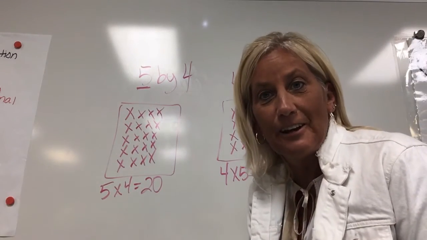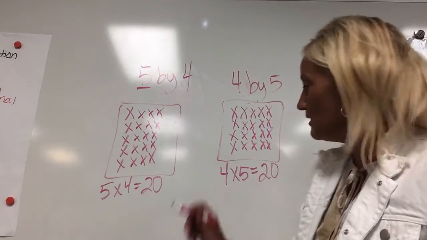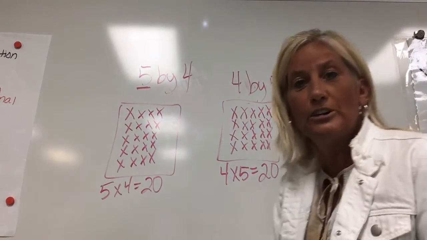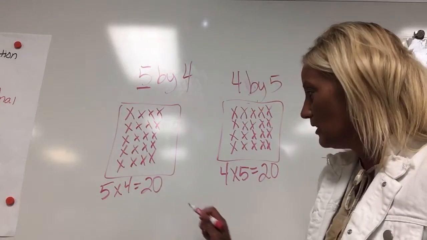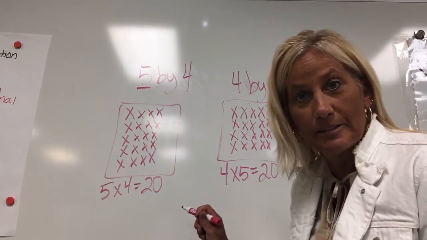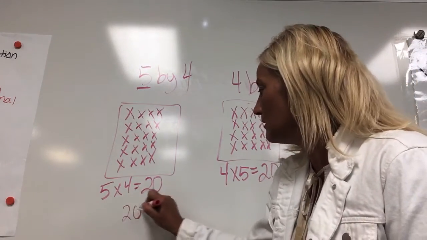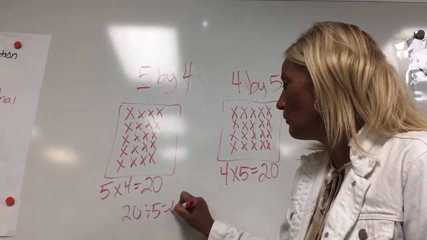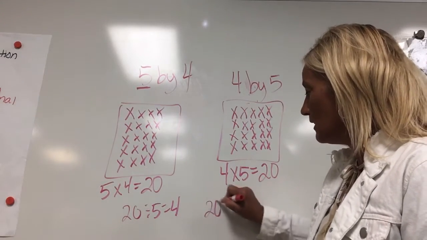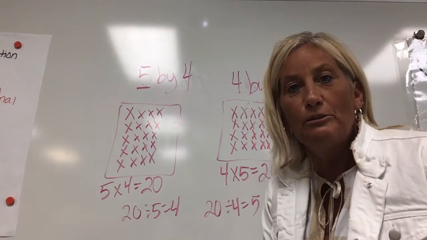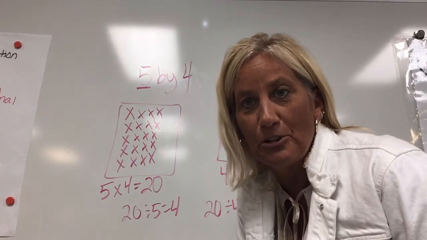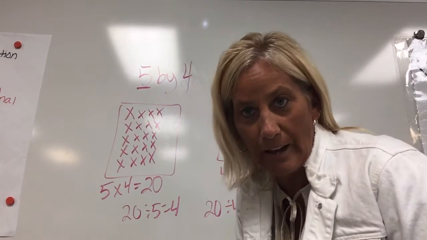And if we did a fact family with only these numbers, we could get 4 number sentences, right? We already did 2. These are turnaround facts. And then we could do 20 divided by 5 equals 4, or 20 divided by 4 equals 5. So fact families are going to help you learn your division and your multiplication facts.